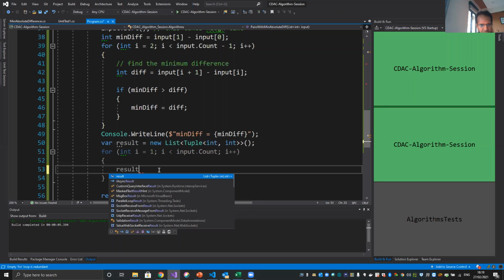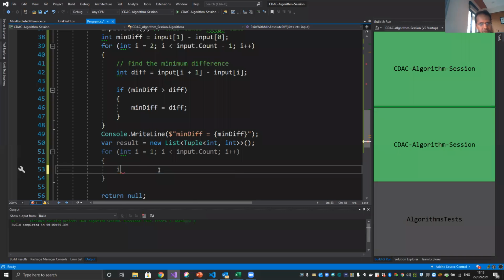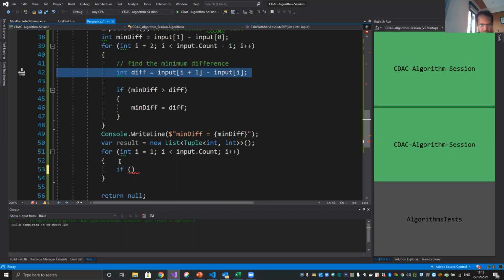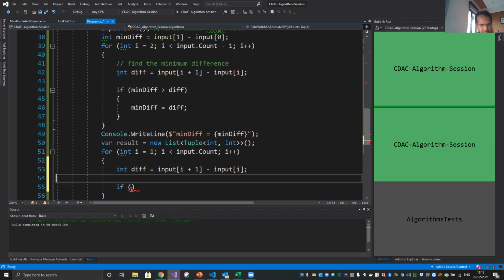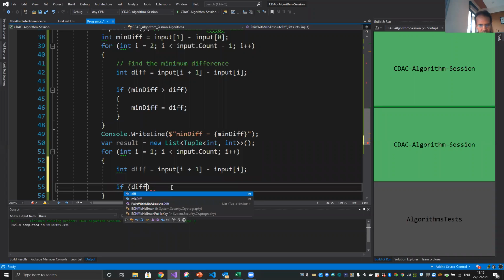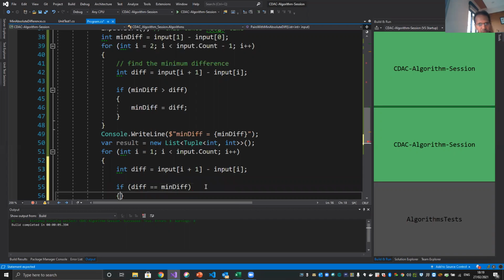So first of all we get this diff again, and we say if diff equals min diff, then I want this pair, right?